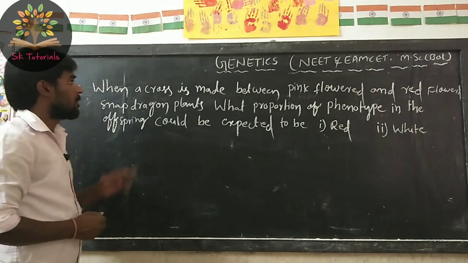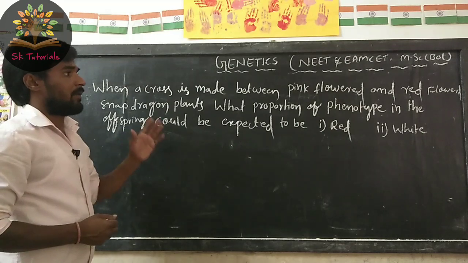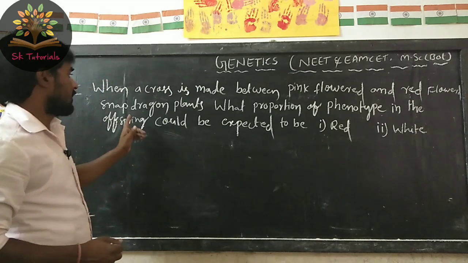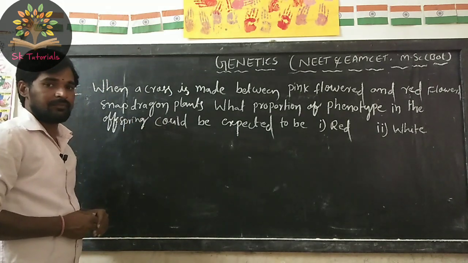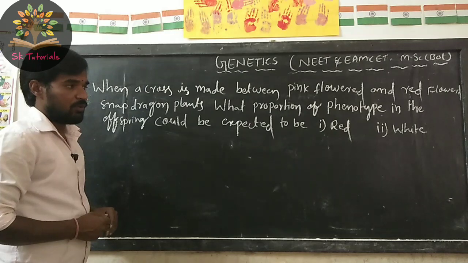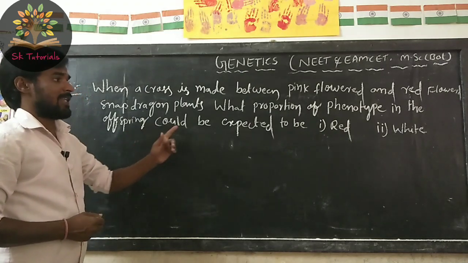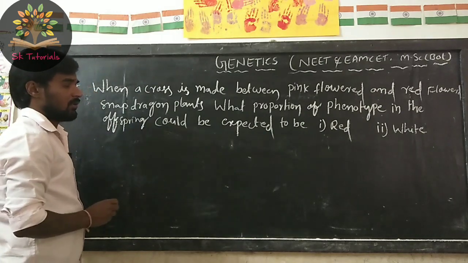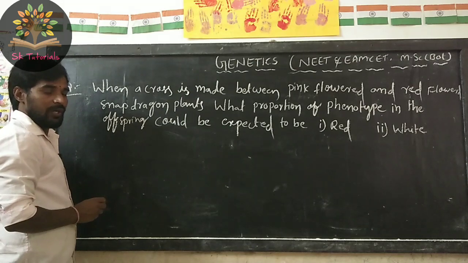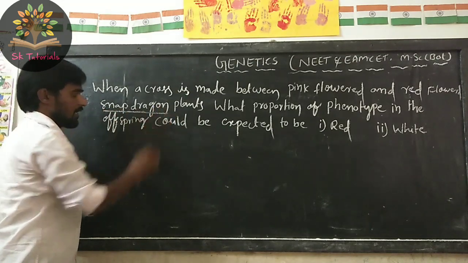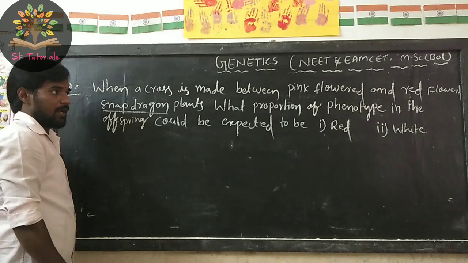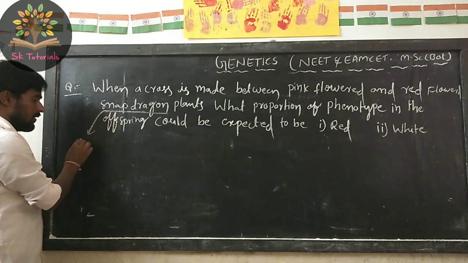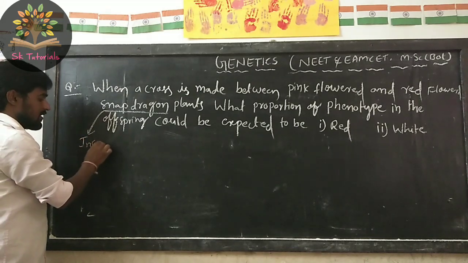Next question is, when a cross is made between pink flowered and red flowered snapdragon plants, what proportion of phenotype in the offspring could be expected to be red, white? So here the key point is snapdragon plant. The snapdragon plant is the best example for incomplete dominance.